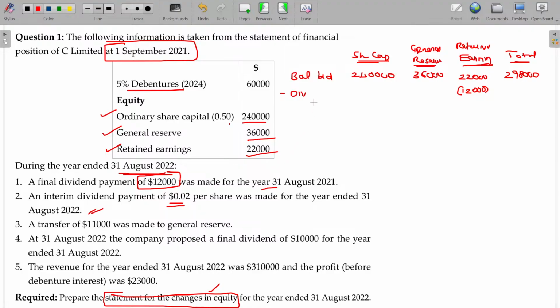Apart from that, this is assumed to be the final dividend. The final dividend is nothing but a dividend payable at the year end after getting permission, and in the case of an interim dividend, it may be a dividend payable during the year, which is 0.02 per share.